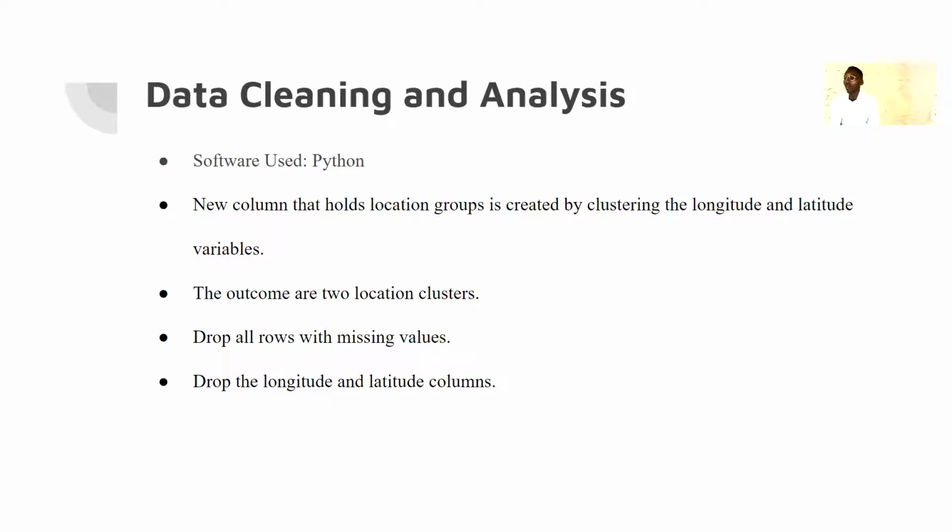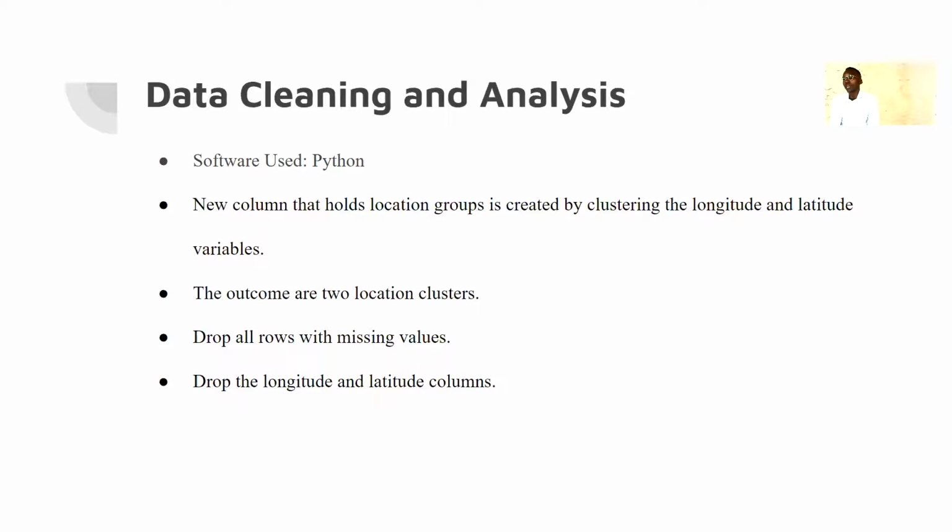That is based on the elbow method, which helps us determine the optimal number of clusters to extract from a certain number of variables. The optimal number based on the elbow method was two clusters.